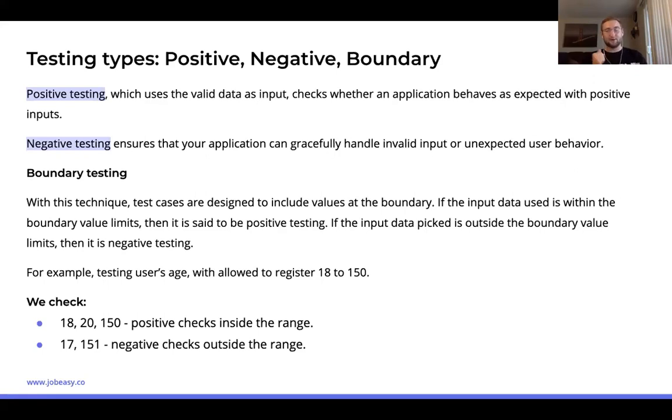We know that according to the requirements, that input field, let's say, accepts numerical values, so digits or numbers. It's a valid type of input. Another valid type of input would be letters. So it's called alphanumerical valid input data.